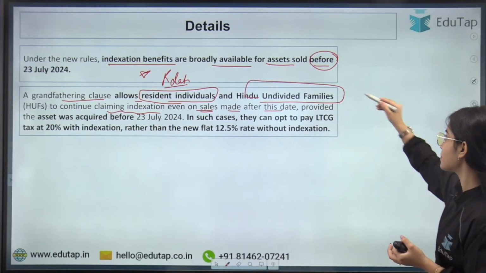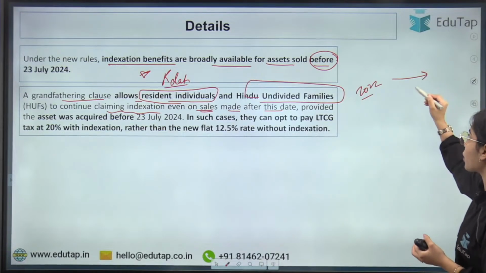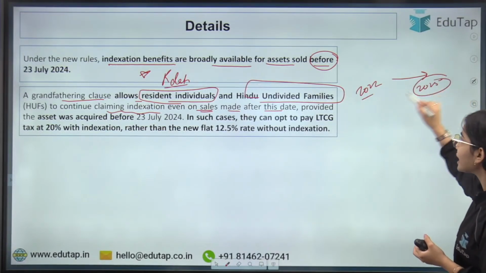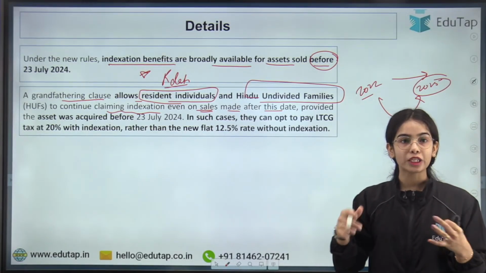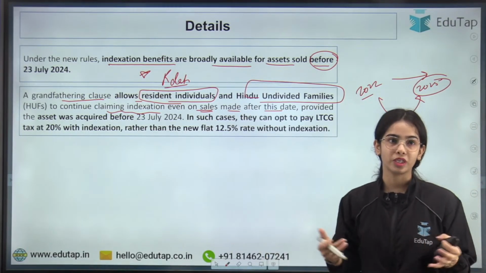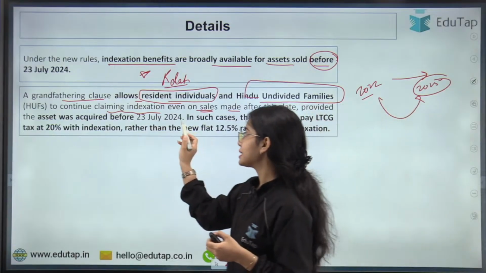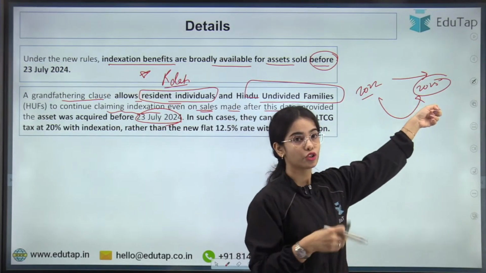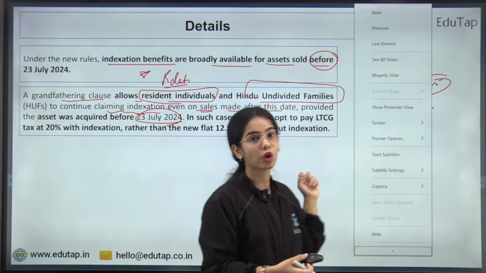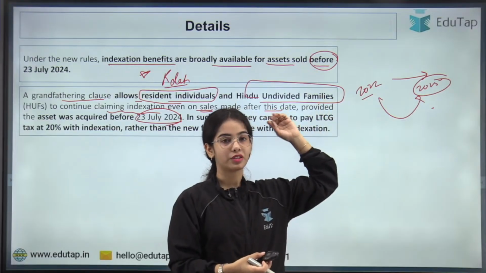That means if you purchased the property in 2022 and you are selling it in 2025, you will get the indexation benefit, if you are a resident individual or Hindu undivided family.